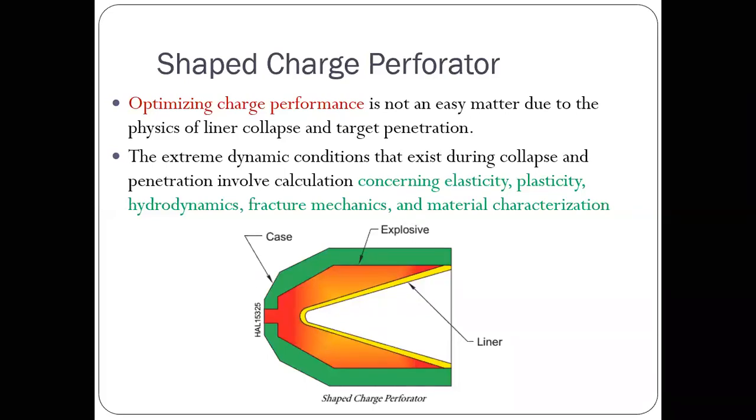The hole which is created in the carrier is quite small as compared to the hole which is created in the casing. So the perforation diameter will be quite higher than the diameter which is generated in the carrier. Okay, sir.